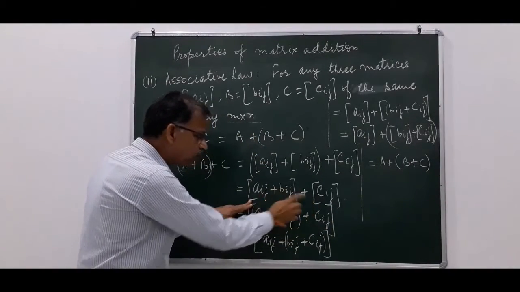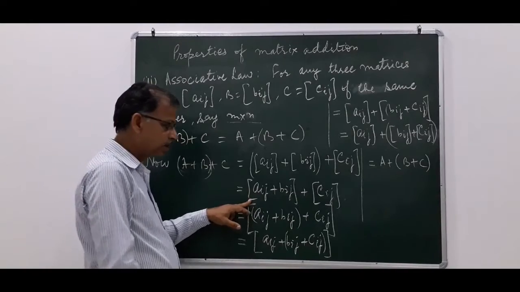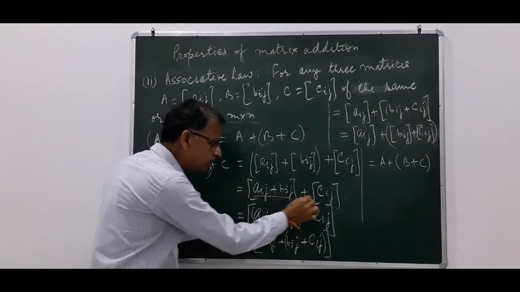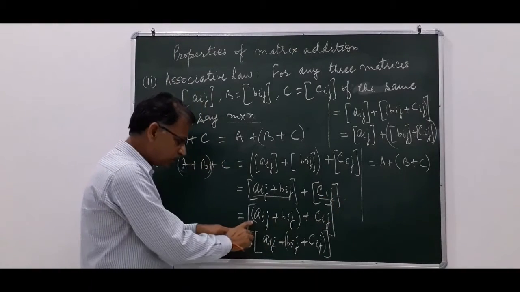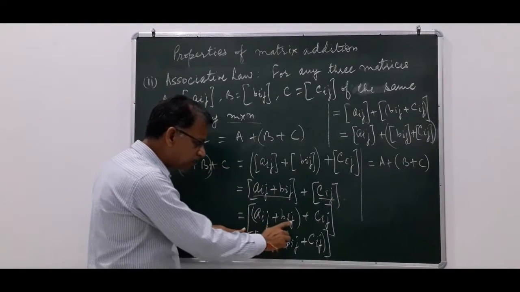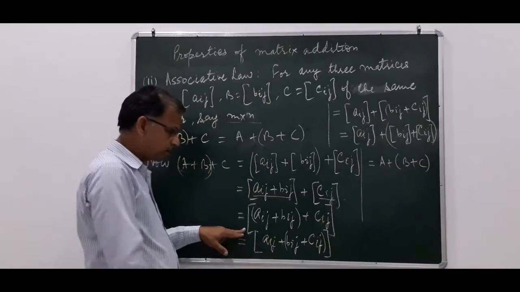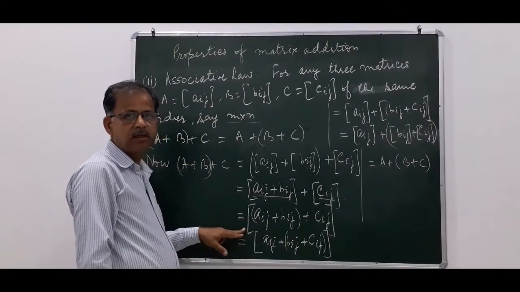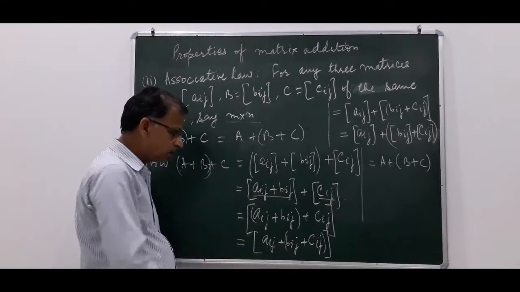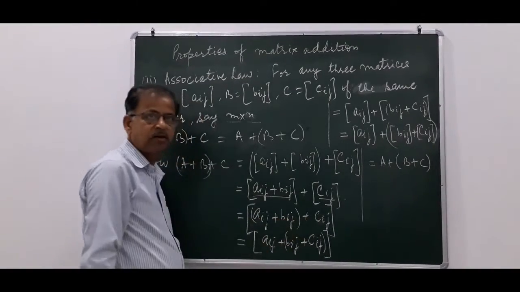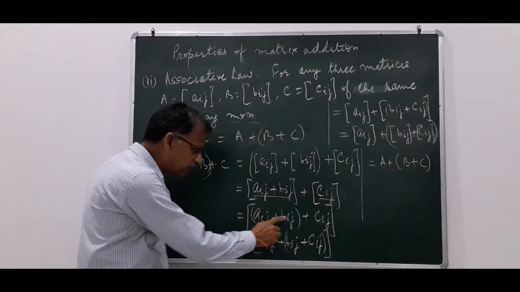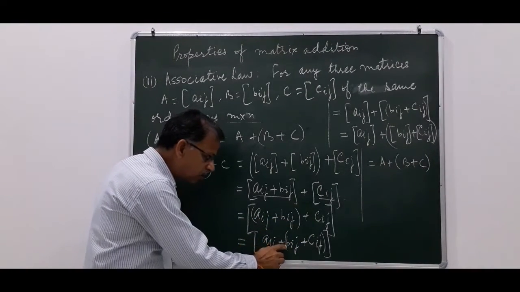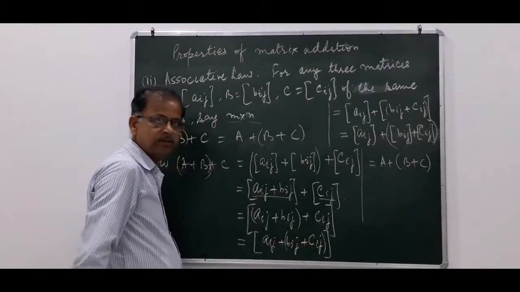So we can find their sum, and what will be their sum? Sum of these two elements. So this matrix is (Aij plus Bij) plus Cij. Here Aij, Bij, Cij are numbers, and in real numbers associative property holds. So we can write (Aij plus Bij) plus Cij as Aij plus (Bij plus Cij).